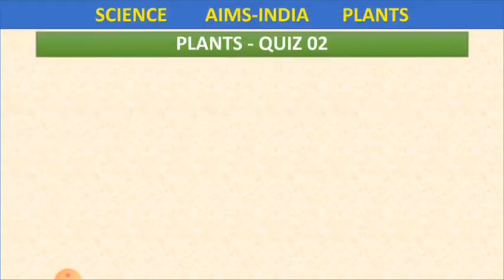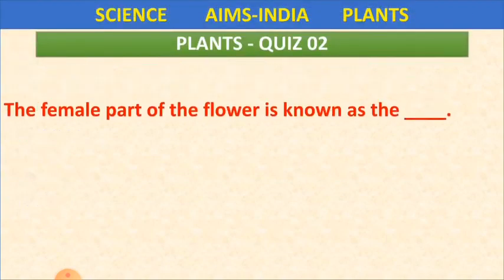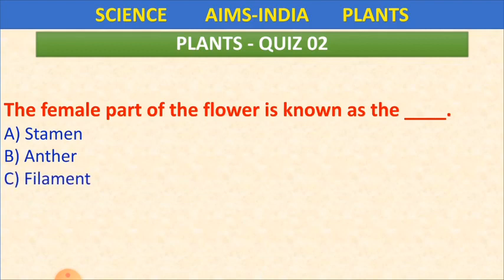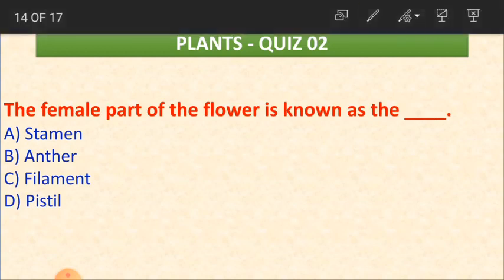Now the next question. The female part of the flower is known as the, what do we call it? Stamen, anther, filament or pistil. What do we call it, children? Yes, we call it pistil. The answer is pistil. Okay.